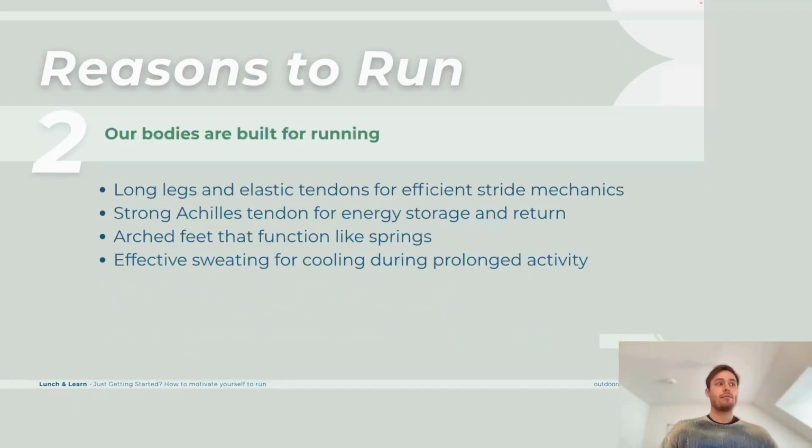And to build on this, which is really related to the first point, our bodies in general are built for it. What are some examples that show that we're built for running? Well, it's the long legs, and the elastic tendons in our body in general, but obviously in the legs specifically, running related. Our Achilles tendon and our feet basically act like springs, and they store energy and return it really efficiently.